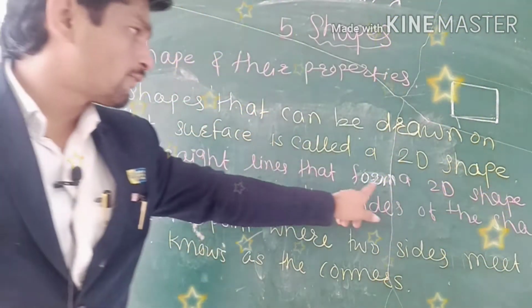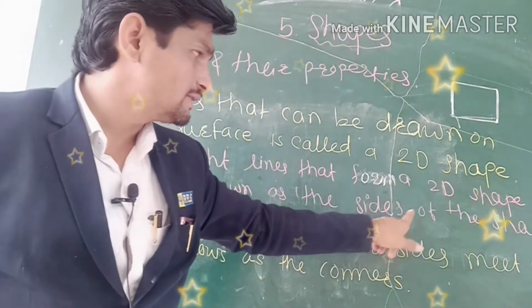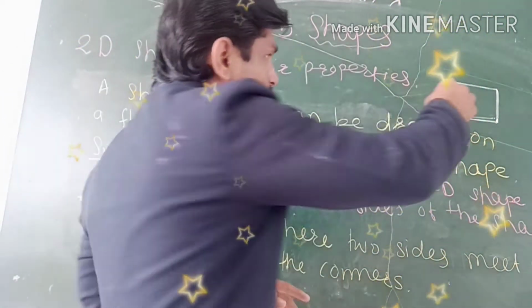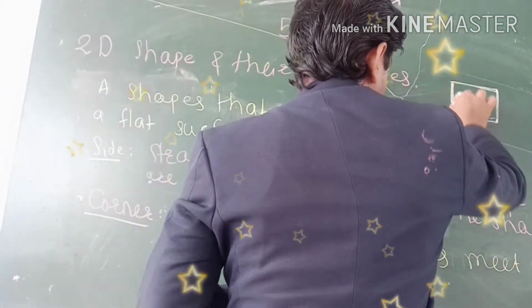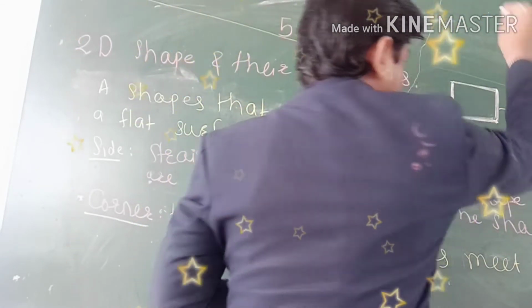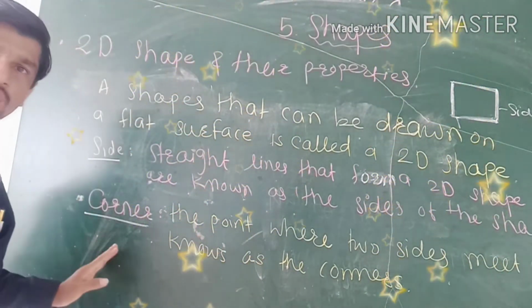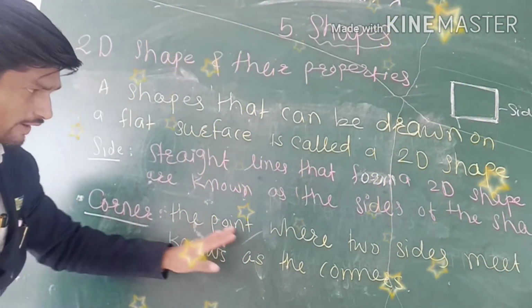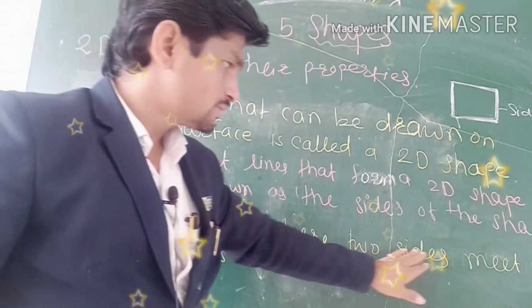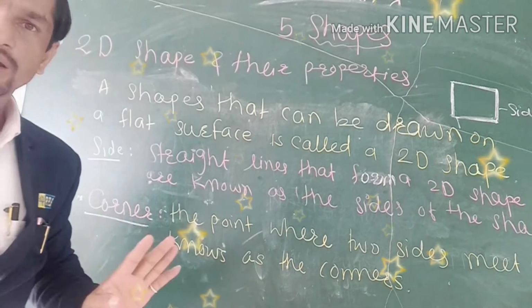Straight lines that form a 2D shape are known as the sides of the shape. See, this is a straight line. So it is called a side. Then regarding corner, the point where two sides meet is known as the corner.